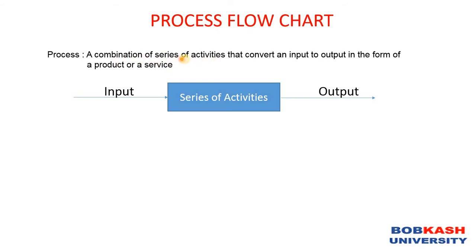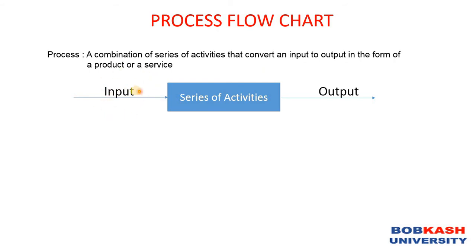It's a combination of a series of activities, many activities that do what? That convert an input to an output, in the form of either a product or a service. So a process is a combination of activities that converts an input to an output in the form of a product or a service.